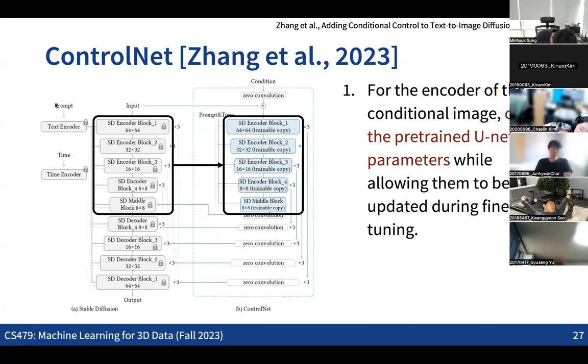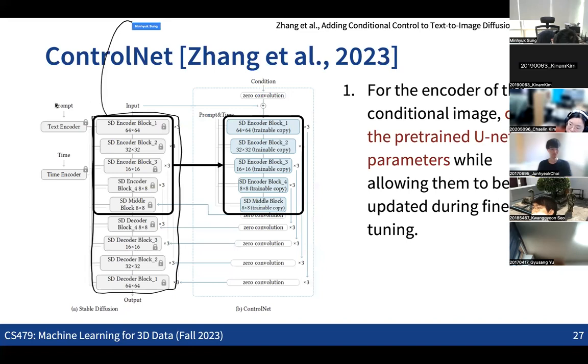So what I'm saying is that this is the noise prediction network, right? Epsilon t.